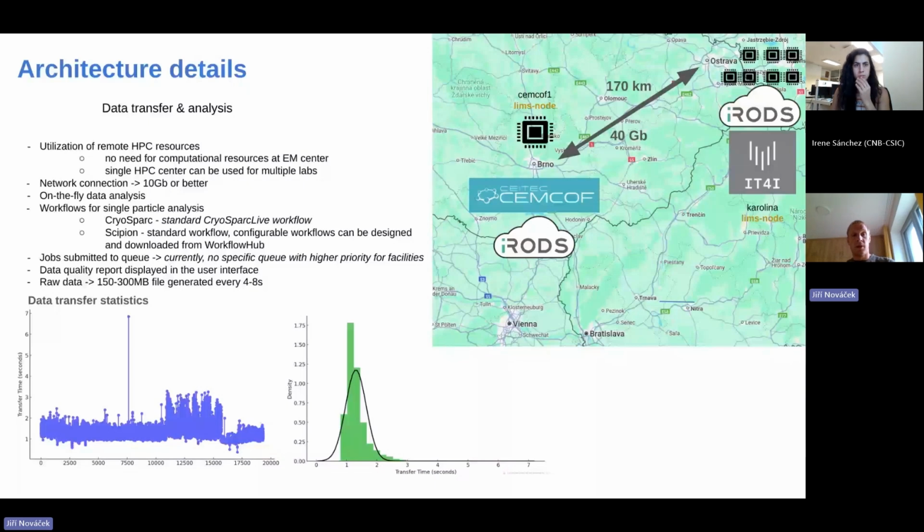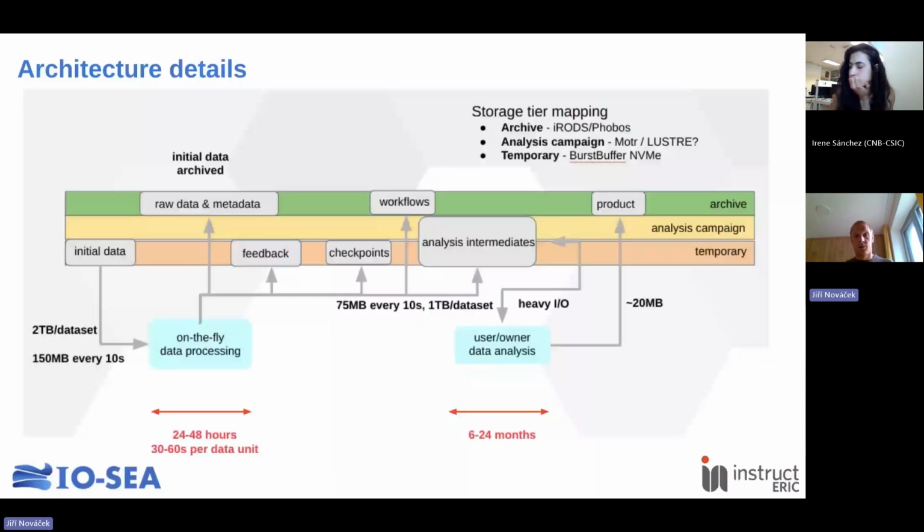So we actually differentiate data into 3 types. The ones that are meant for archival; the second that are alive just for the one data analysis campaign, which is the acquisition and analysis of the data set; and the third, which are temporary and are removed directly after they are created and analyzed.